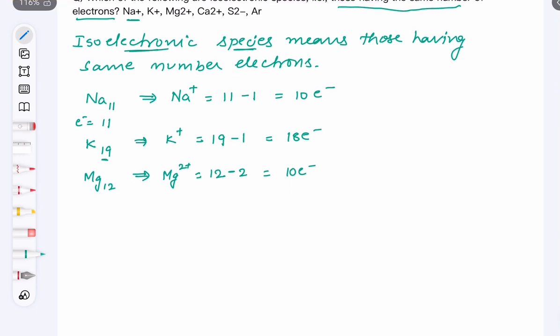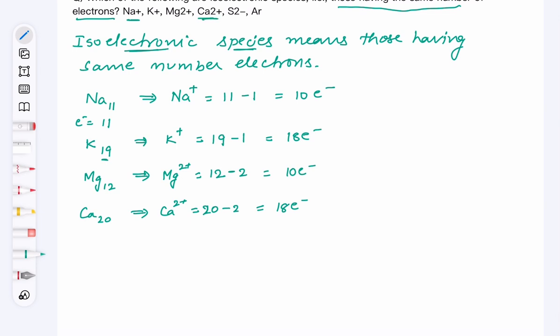Then the next example is calcium. Calcium's atomic number is 20. Now it forms Ca2 plus. So how many electrons does it have? Calcium had 20, and plus 2 means it removes 2 electrons. So it is now left with 18 electrons.